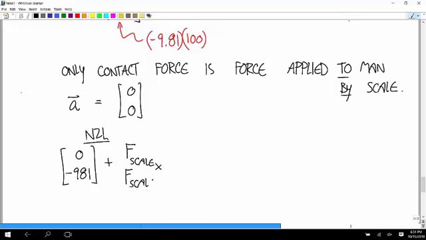We have to calculate both of those. And those are equal to the mass of the man, 100 kilograms. So on the right side is the mass times the acceleration, and then the acceleration vector of 0, 0.